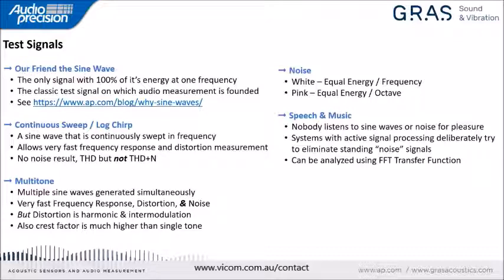So this is a sine wave, but we sweep it continuously in frequency. The main advantage of this is it lets us get a very fast frequency response. Instead of manually tuning the signal generator at each frequency and plotting those results measurement by measurement, we can get a fully characterized device in potentially under a second, but practically not more than a couple seconds.